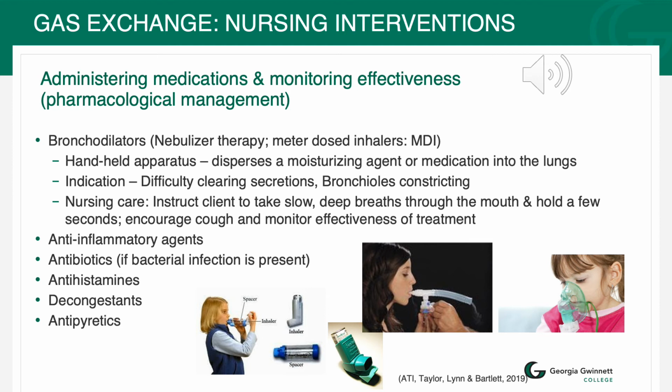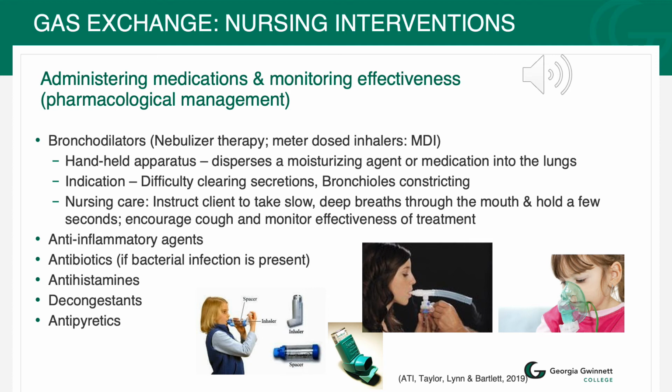It's a beta-2 adrenergic agonist agent, like an albuterol inhaler or an albuterol nebulizer. With these clients that are having difficulty breathing, their airways are closing, they're constricting. So you want to open their airways. Until you open their airways, the other interventions that you're doing are not going to work.